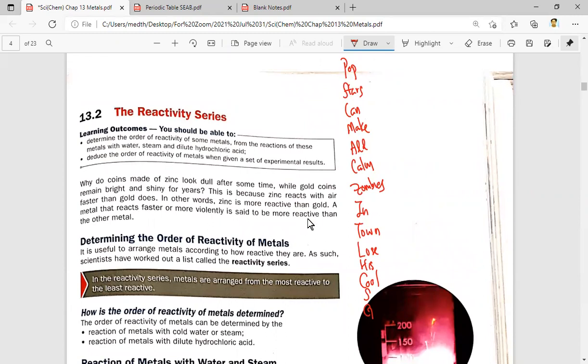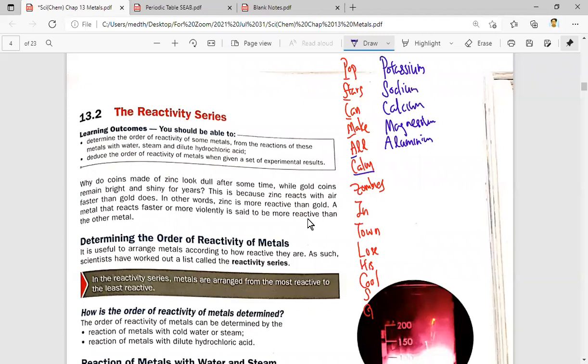What does each of these first alphabets tell you? They're actually the elements. So I'm going to write in blue here. P stands for potassium, S for sodium, C for calcium, M for magnesium, A here for aluminium.